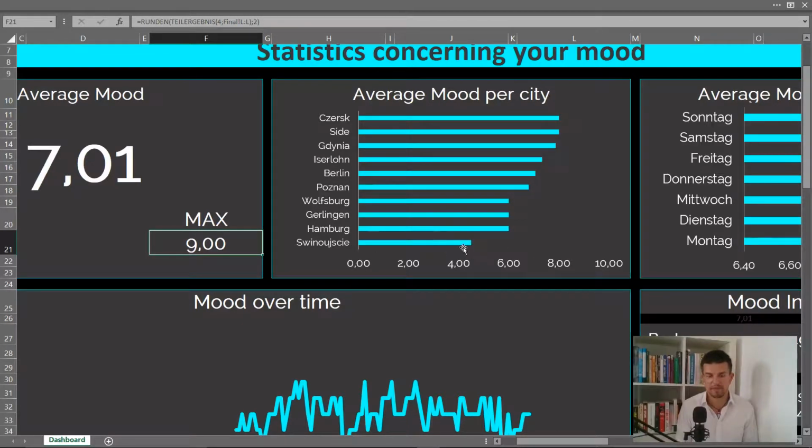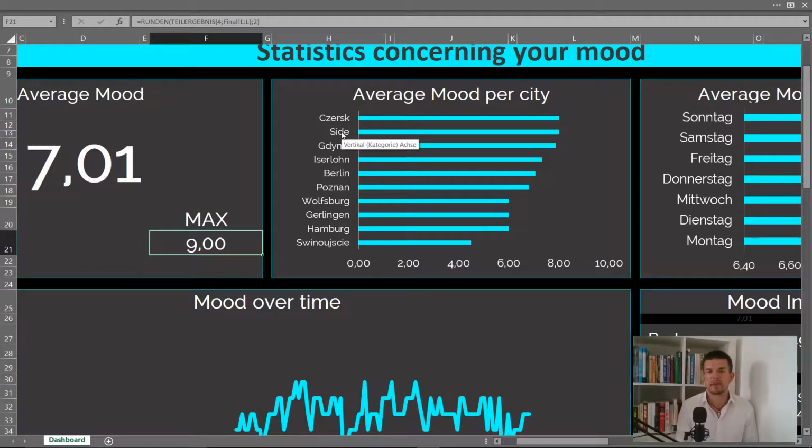So why did it happen? Basically, Chursk, Side, Gdynia, Iserlohn, and Berlin, let's say, are the cities where Berlin is the city where I live. Those are the cities where my family lives, or I can visit family and friends, or where I met family and friends. So Chursk is where my father's family is.